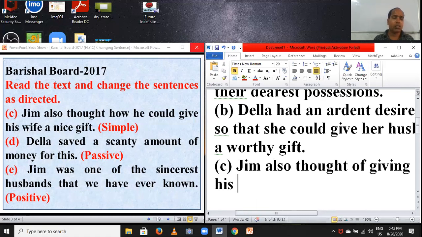Students, in this way you can change into a simple sentence by using these rules.